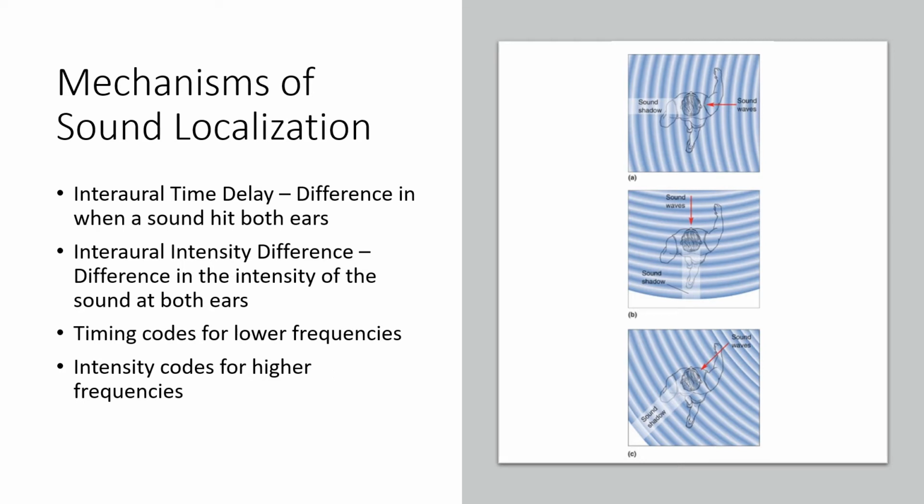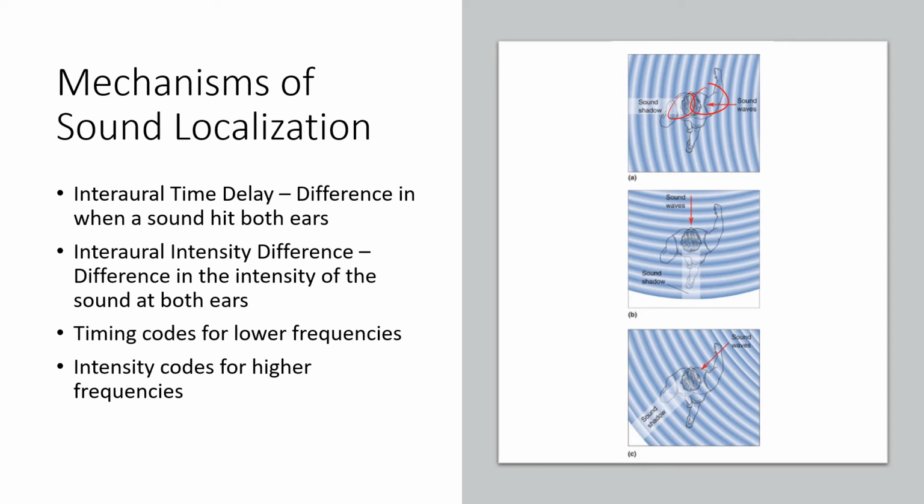At higher frequencies, though, that's not quite good enough. So instead what it uses is a difference in intensity of the sound at both ears. You can imagine that as a sound goes in the right ear, like in this case, and then you get a fainter version of the sound, either maybe a reflection or after it passes through the head, it's going to decrease in intensity, which is going to give you an idea of where that sound is relative to the other ear.